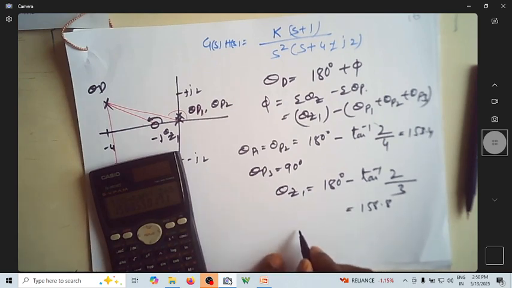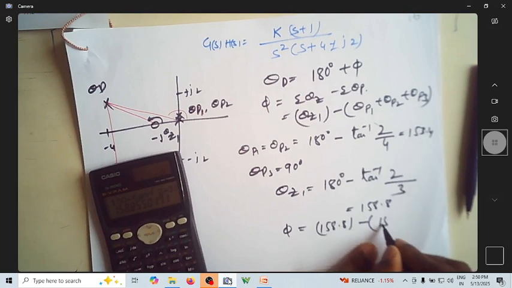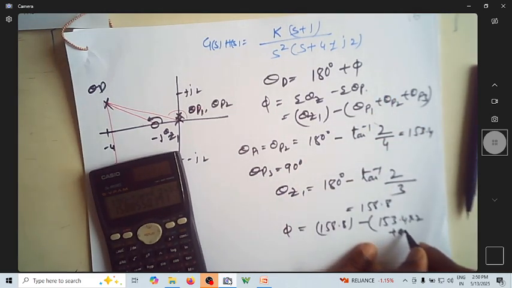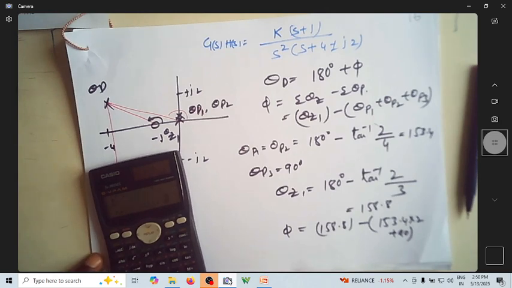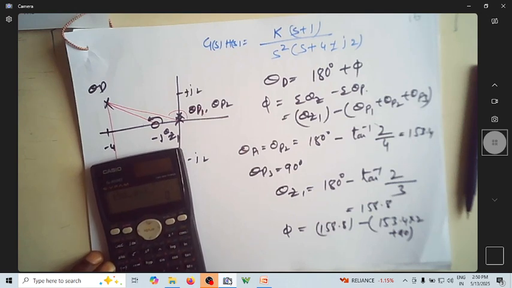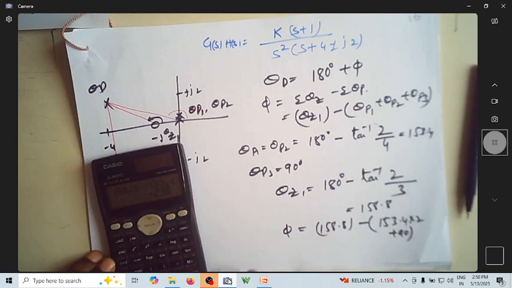So now phi is equal to 158.8 minus of 153.4 into 2, because there are two the same, plus 90. So it is 158.8 minus of 153.4 into 2 plus 90, which equals minus 238 degrees.